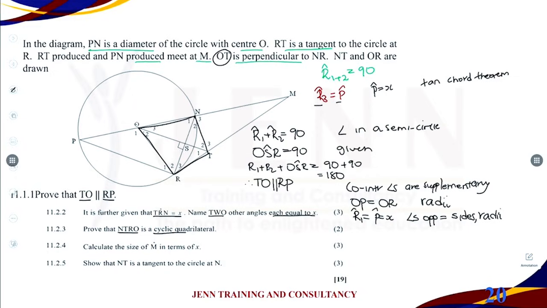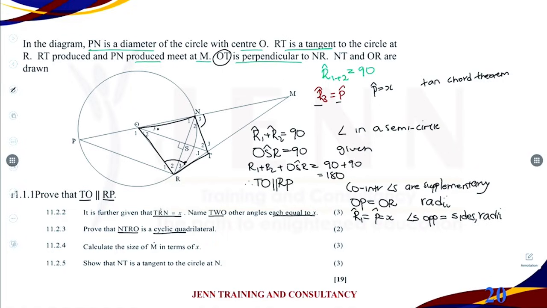Remember, to prove that a quadrilateral is cyclic, there are so many ways to prove it. Using your toolbox, you could prove that O3 plus O2 plus T2 plus T1, that the two are supplementary. Or you could prove that angle N3 is equal to angle R2 plus 3. Or that angle O3 is equal to angle R3.